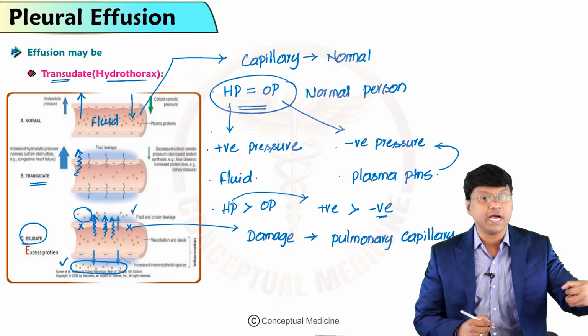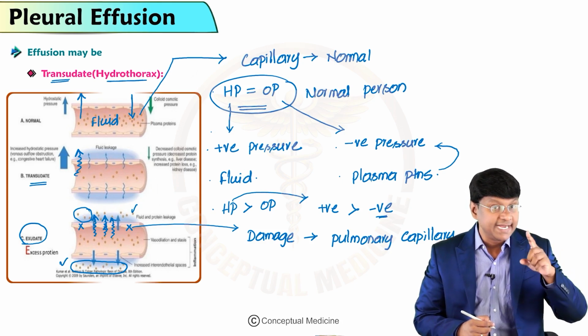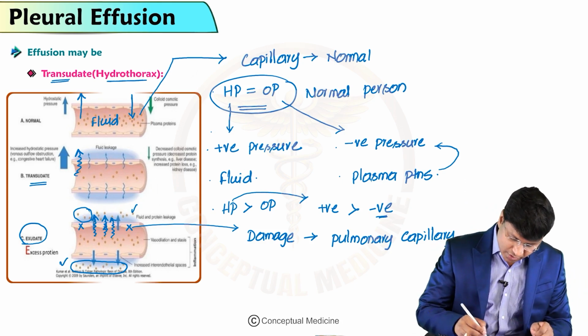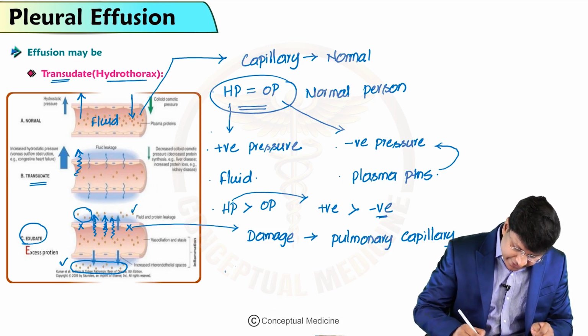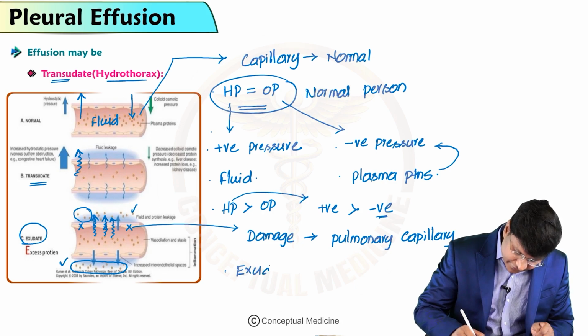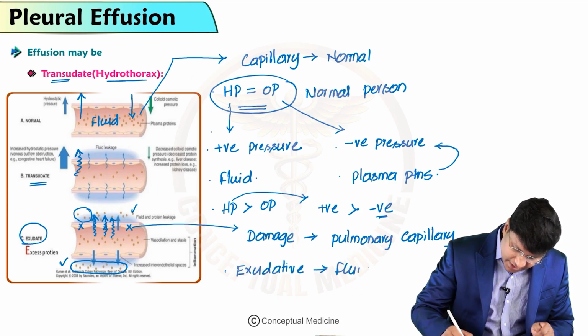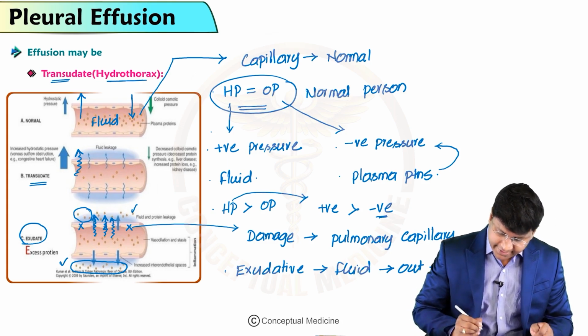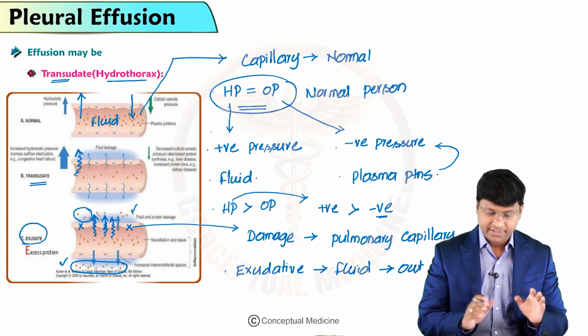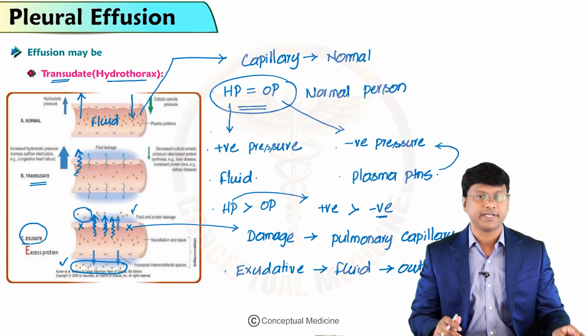They pull the fluid outside the vessel, and that will result in what is called the exudative type of pleural effusion. So, in exudative pleural effusion, the fluid is pulled out by the plasma proteins, right? That is the difference between transudative and exudative pleural effusion.